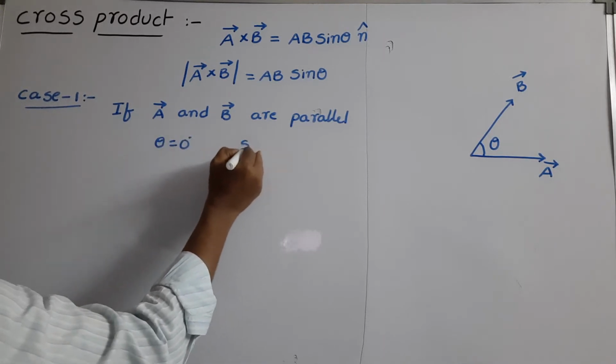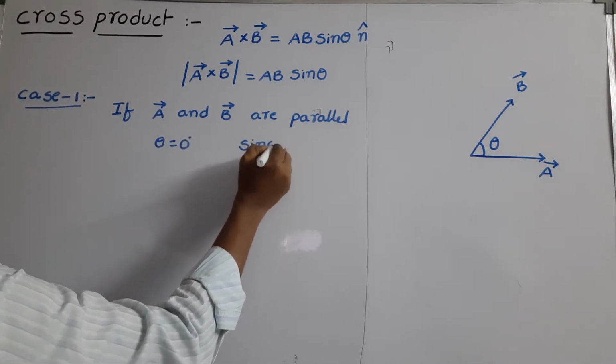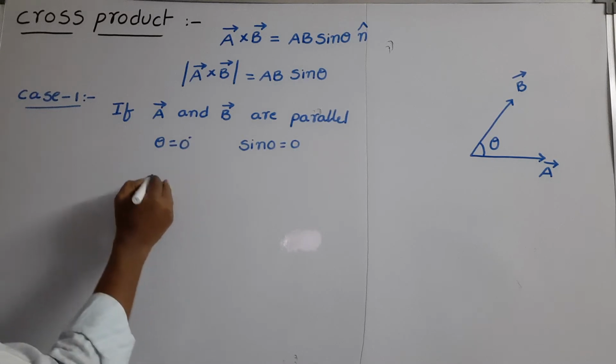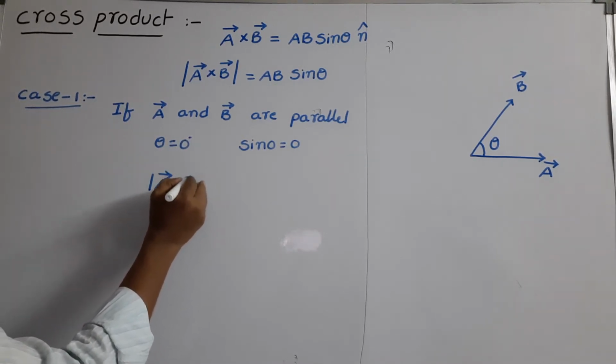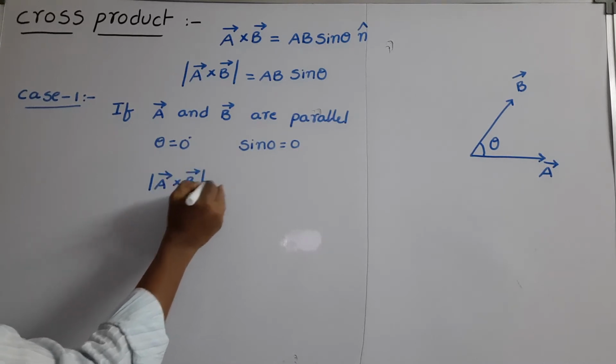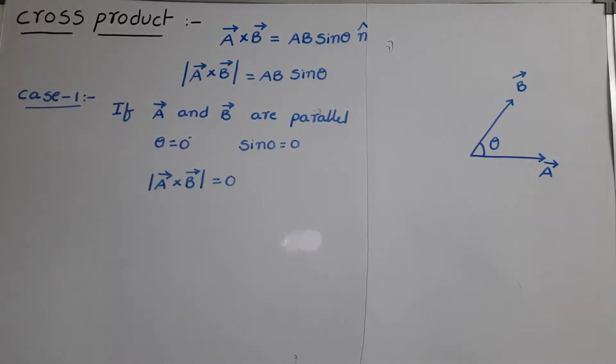So sine 0 degree is equal to 0. Then the cross product between the two vectors, a bar cross b bar, is equal to 0. If two vectors are parallel to each other, then their cross product is equal to 0.